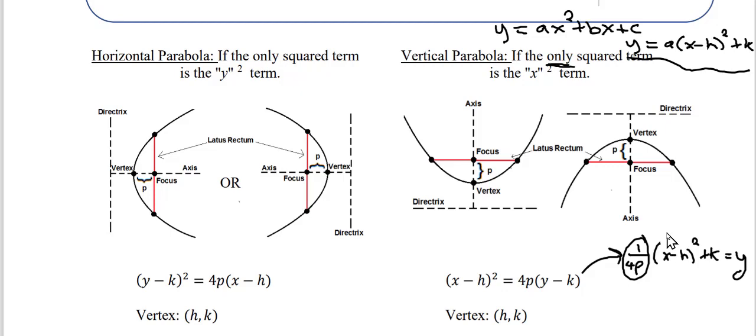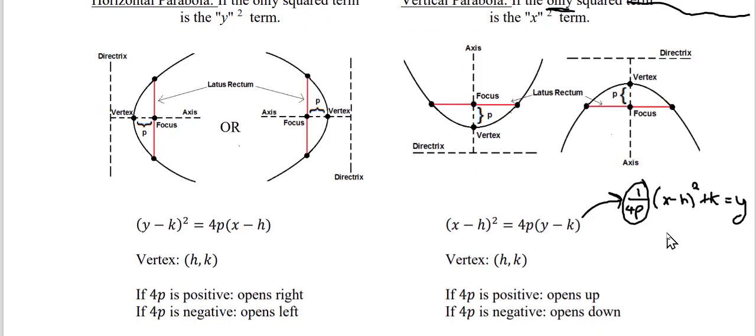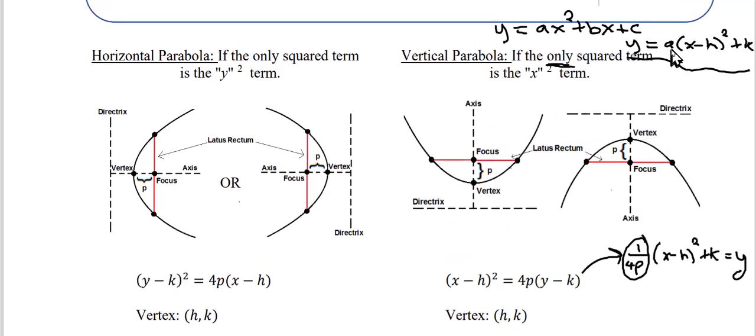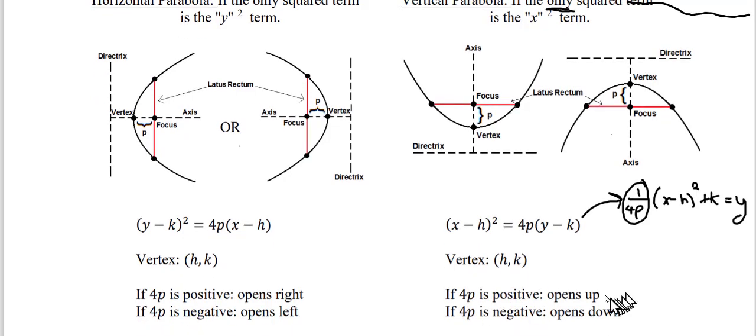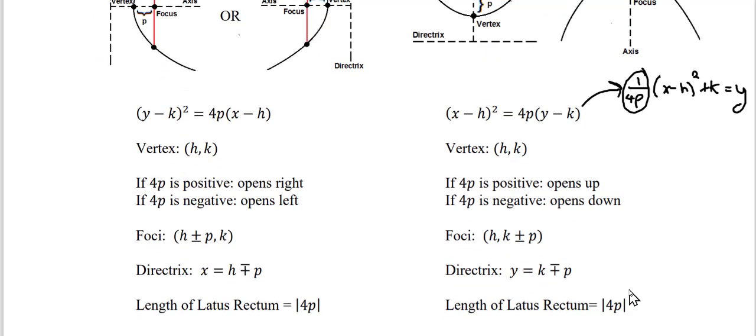We like it in this format because we get a lot of information from that, but the p and the a behave the same way, or tell us the same behavior about the parabola. If a was positive in either of these formats, it opened up. So if 1 over 4p is positive, which would be the same thing as 4p being positive, it opens up. And the same is true about it opening down if it's negative.